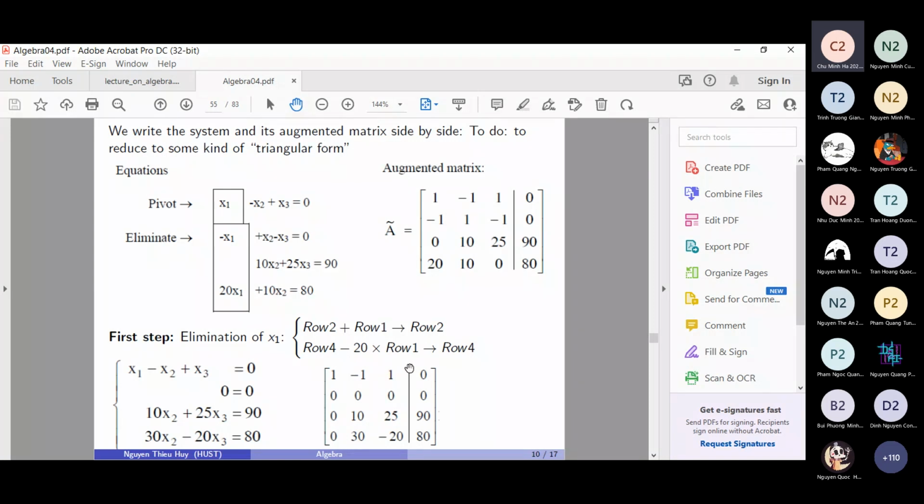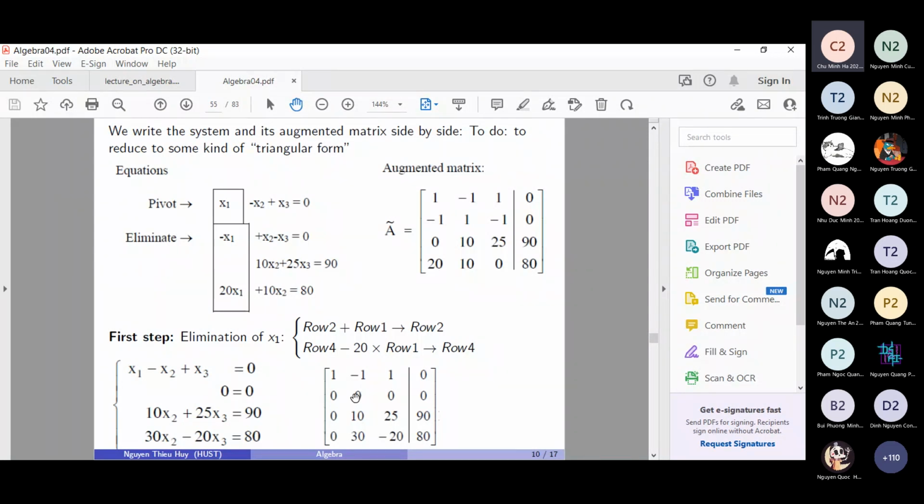So we are arriving at this new augmented matrix and this new system, and they are equivalent to the previous system. And now we want to eliminate x sub 2 so that we obtain a much simpler system. But if you choose 0 as a pivot, it is impossible, because it's already 0.